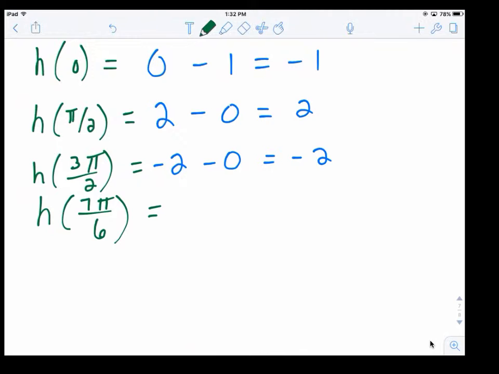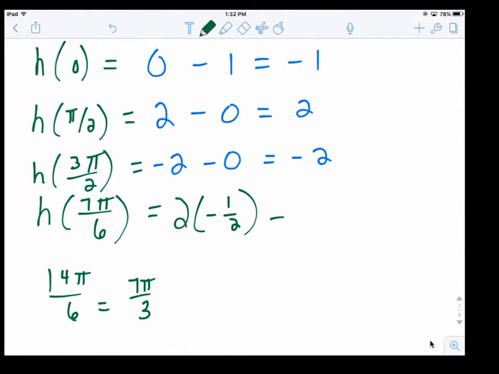So sine of 7 pi over 6 is negative 1/2 minus cosine of 2 times 7 pi over 6, which is what? 7 pi over 3, so pi over 3, right? Cosine of pi over 3 would be 1/2.